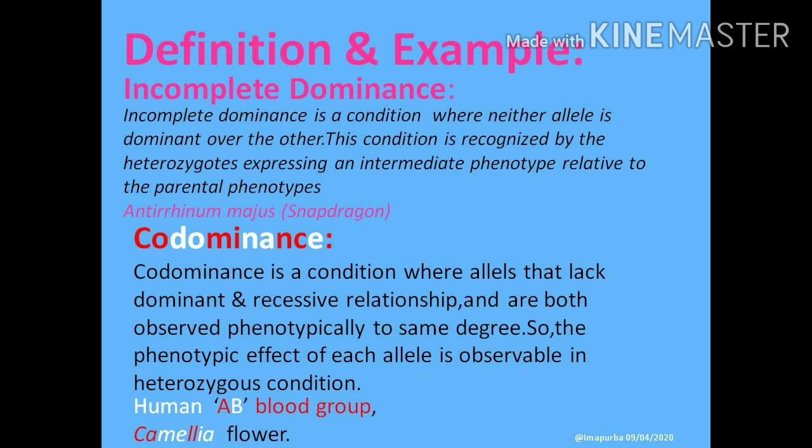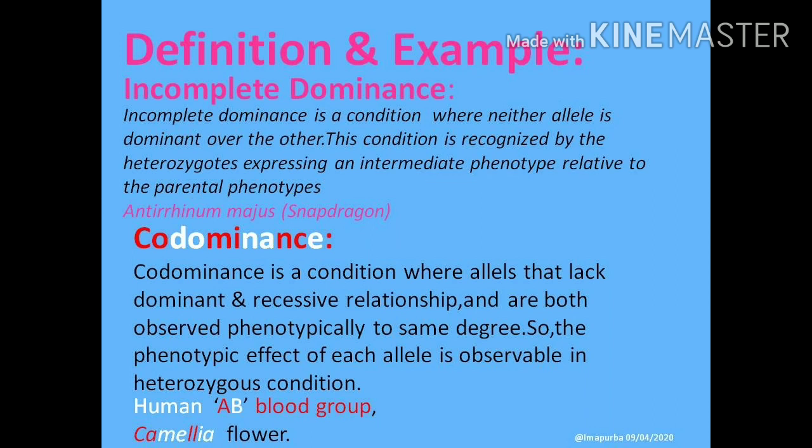Here you see the next slide. Here I have written the definition of both incomplete dominance and codominance and their proper examples. In the definition of incomplete dominance, this condition is recognized by heterozygotes expressing an intermediate phenotype relative to the parental phenotypes.